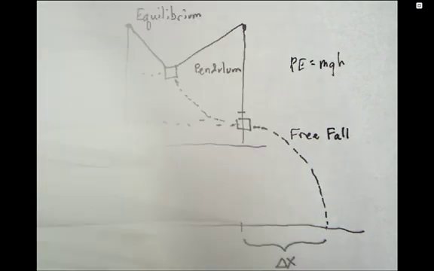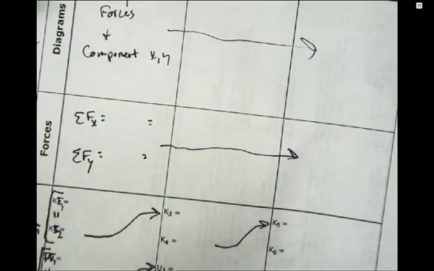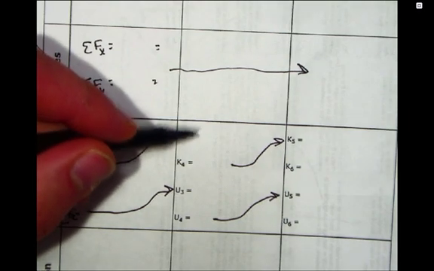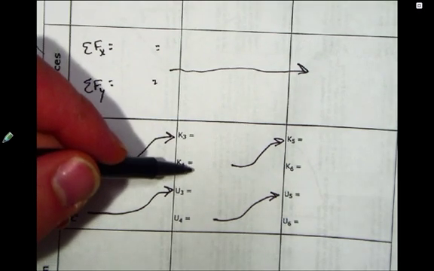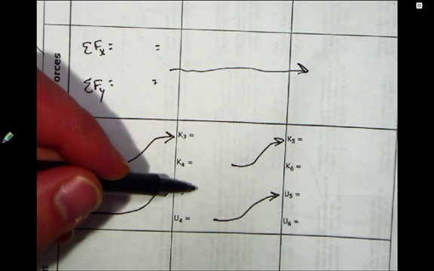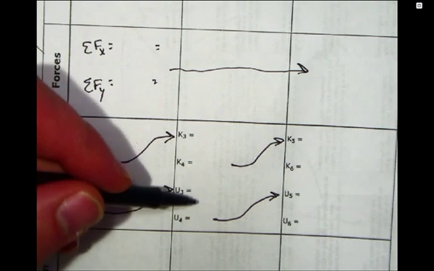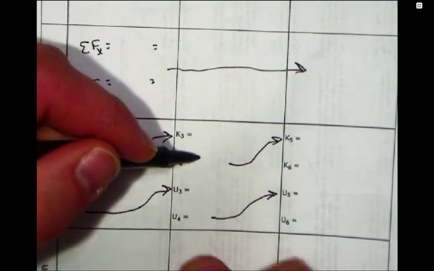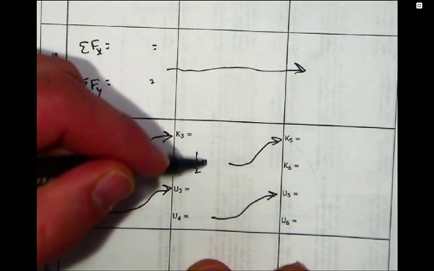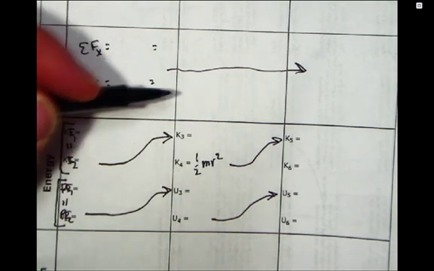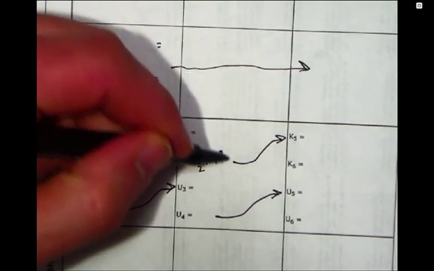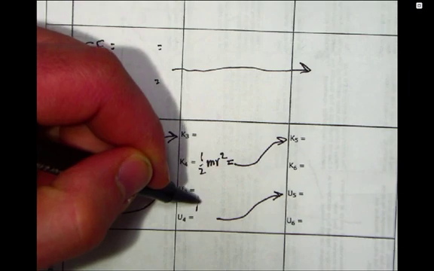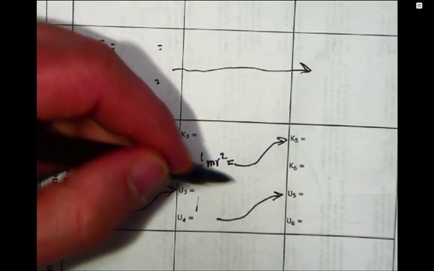So on your grid sheet here, you would place, you know you're starting with 0, then this is going to be the difference between these two energies. But it's also equal to 1/2 mv squared. Okay, so you want to say 1/2 mv squared is equal to the difference between these two, and you want all of that written down.